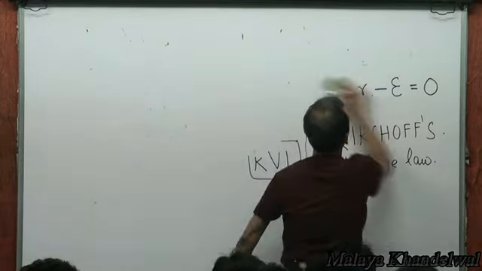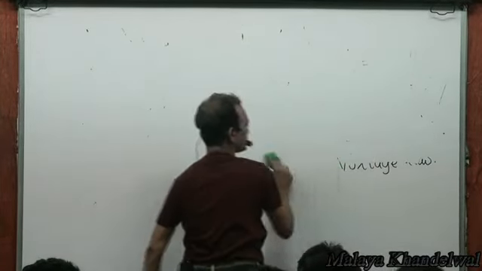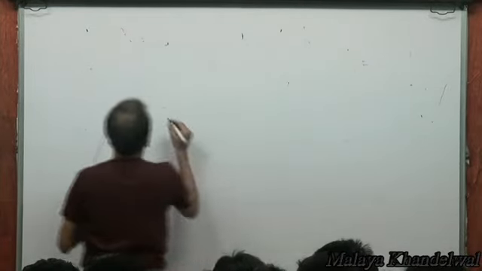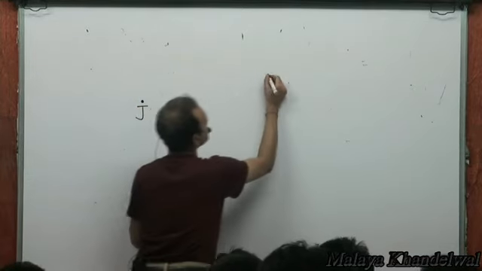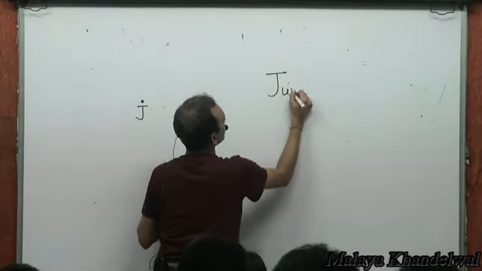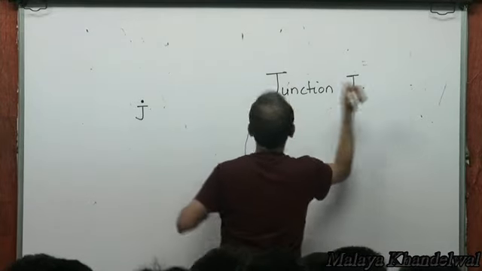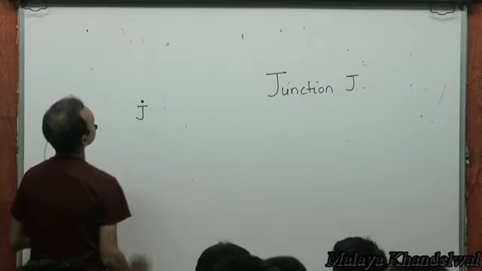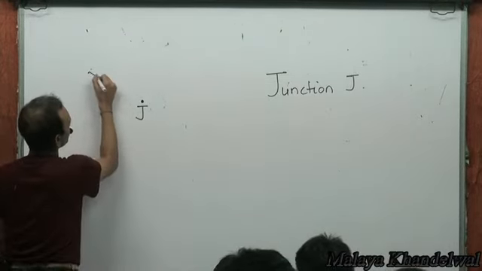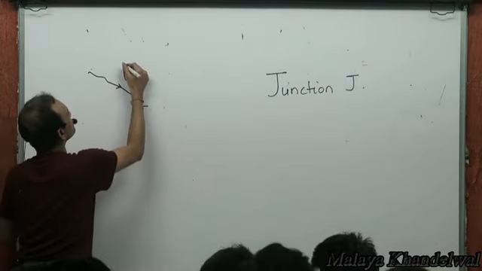Now, again, in a complicated network, there could be a junction J. And there could be current entering the junction from some place.